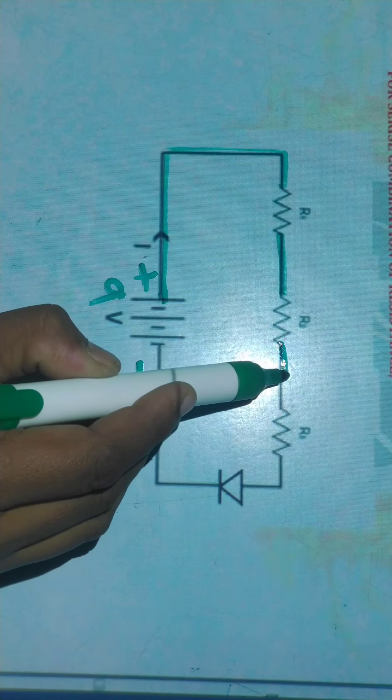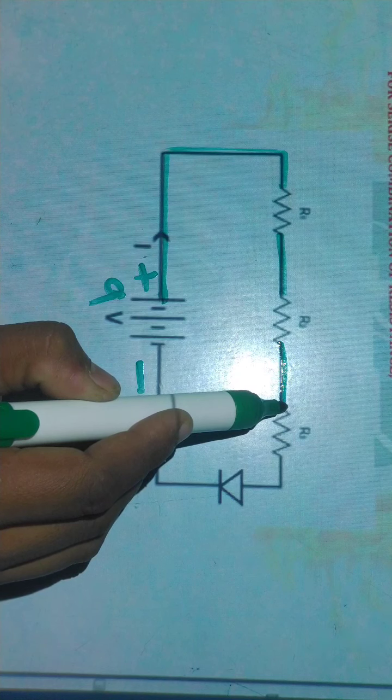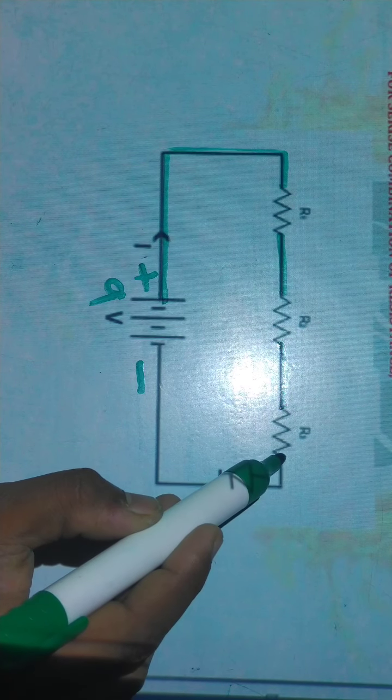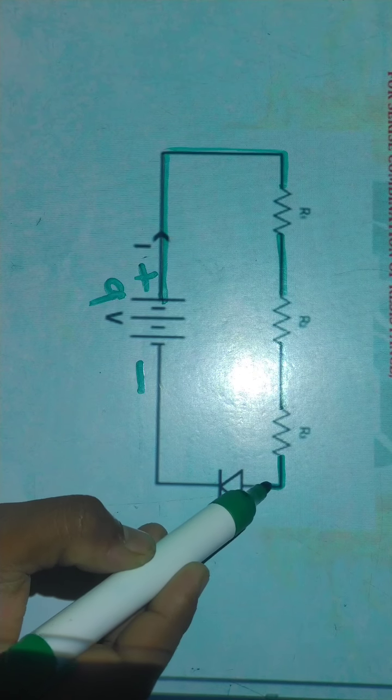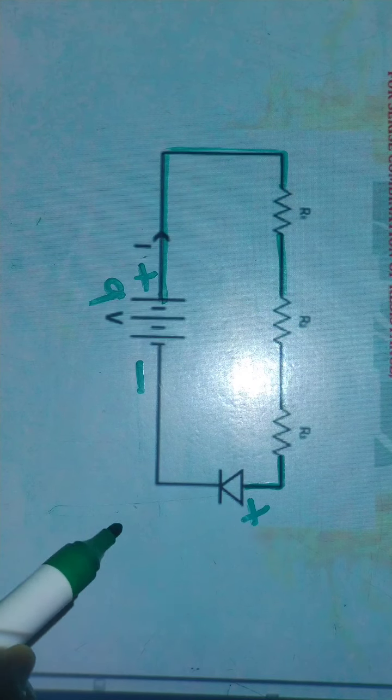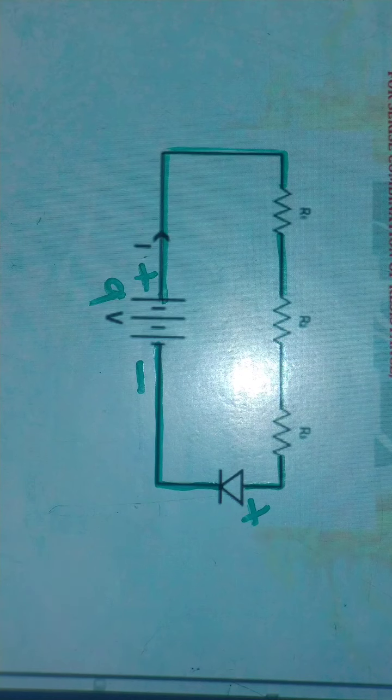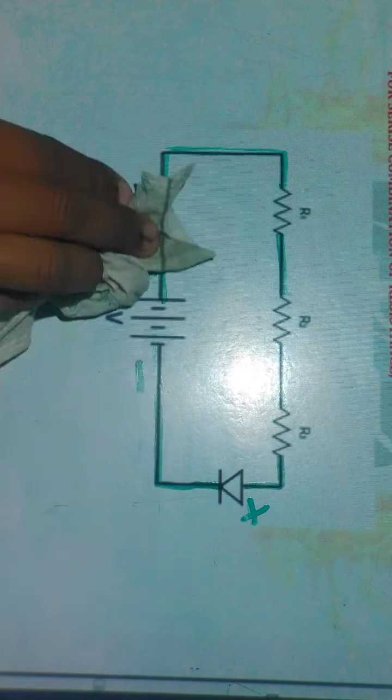The second end of the second resistance is connected to the first end of the third resistance, and the second end of the third resistance is connected to the LED positive terminal. The LED negative terminal is connected to the battery negative terminal, and your circuit is complete. So this is the series combination circuit.